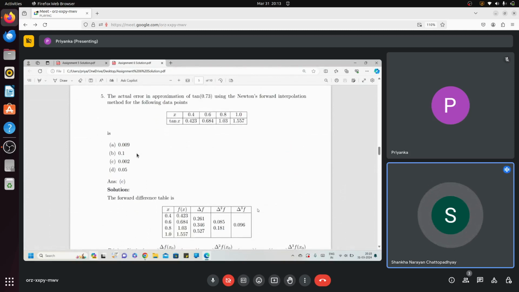Okay, similarly just you need to compute Newton's forward interpolation formula, and so you just need to compute the difference table we have already discussed today, and you just use the forward difference table.